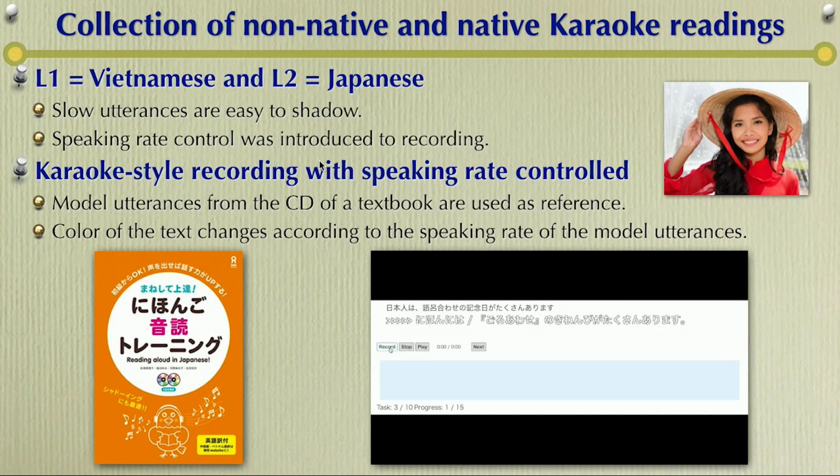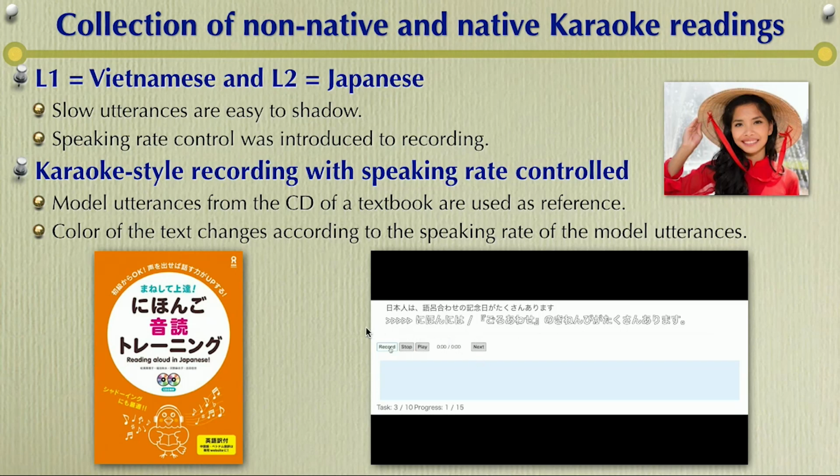But if their utterances are very slow, the shadowing is very easy. So for recording, we controlled the speaking rate using karaoke recording software.